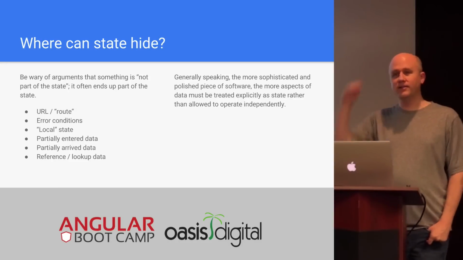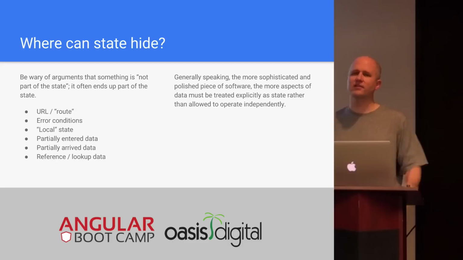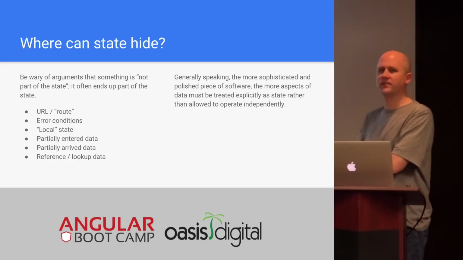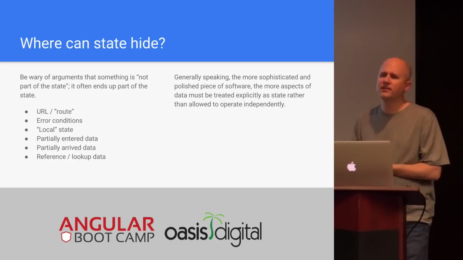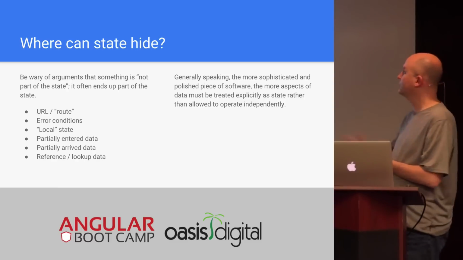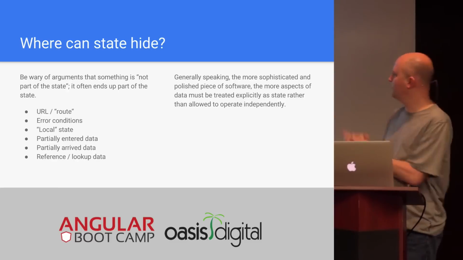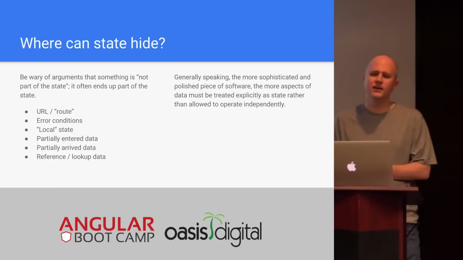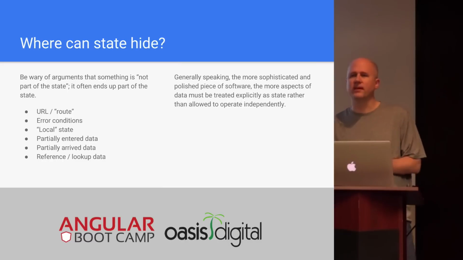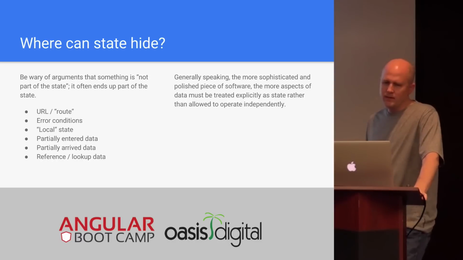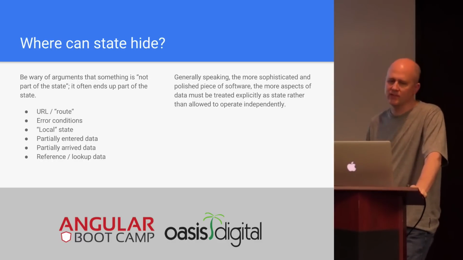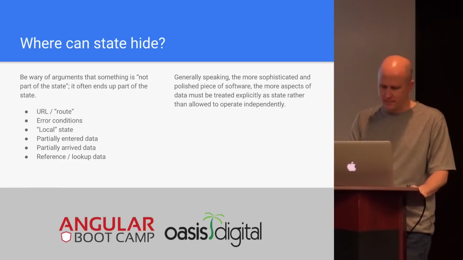If a drop-down is dropped down, or a calendar widget is showing 2015, even though it's 2016, you could say that question of what year I'm looking at is local to the calendar widget. So I have the idea of local state here up on the slide. Well, that's still part of the state of an application. There can be state hiding almost anywhere in an application. And again, nothing really even Angular specific here.